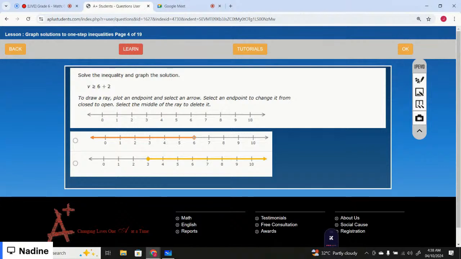Solve the inequality and graph the solution. V is greater than or equal to 6 divided by 2, so which is the correct option?